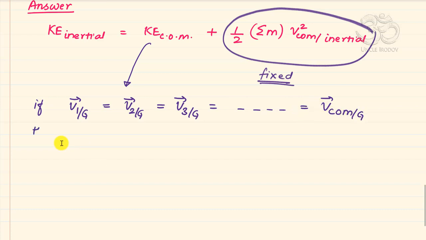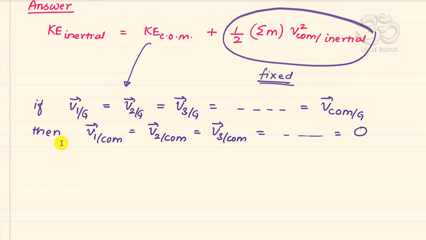Then V1 in the center of mass frame is equal to V2 in the center of mass frame is equal to V3 in the center of mass frame, over all those n particles, and all that is 0, right?